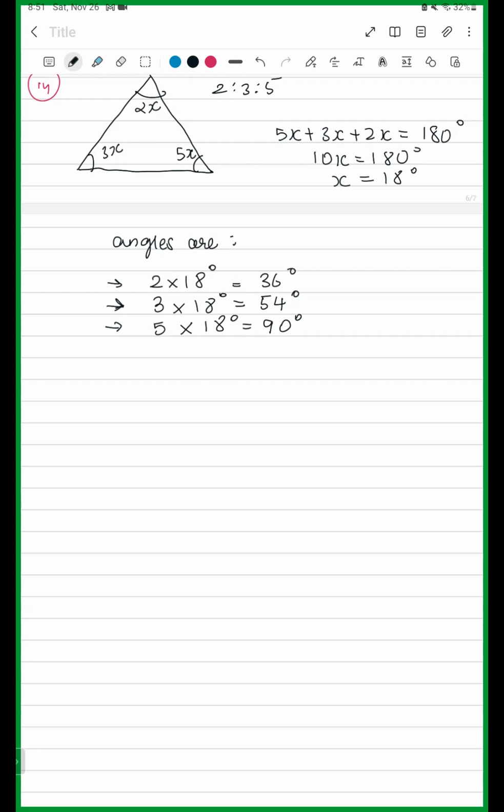Oh, I forgot to do it. After finding all the angles, do we have to find anything else? See, you have to just find the angles. Read the question.